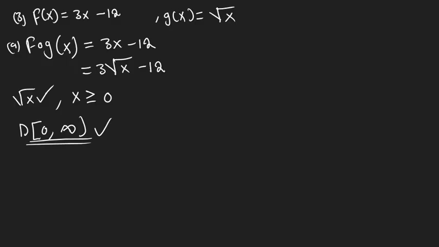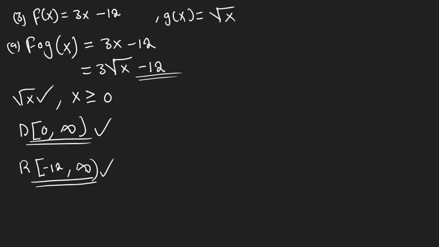How is my range going to be like? For this one, you don't even have to panic. Just get this value. Hence my range is going to be from -12 included to positive infinity. Okay.